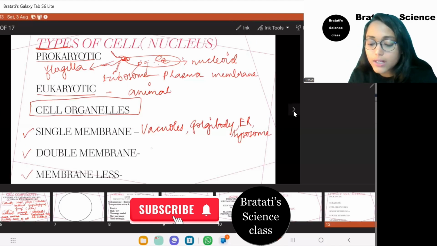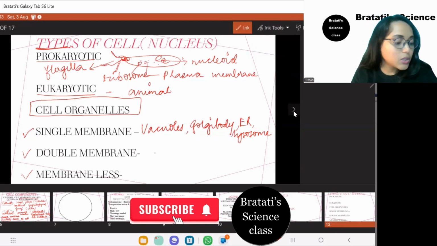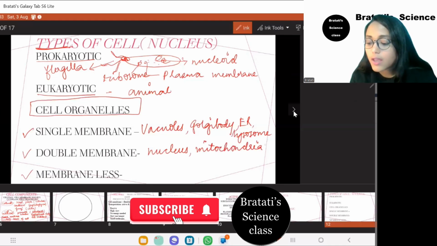The double membrane organelles can be the nucleus, mitochondria, and plastid.